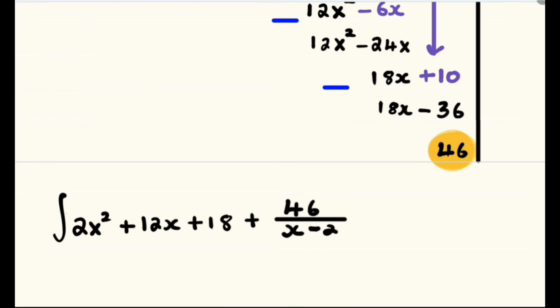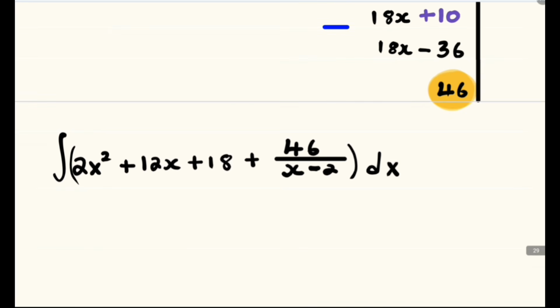Now we are at liberty to integrate. It will be much easier to integrate this when it's simplified. So the integral of 2x squared will be equal to 2x raised to the power 2 plus 1, divided by 2 plus 1.